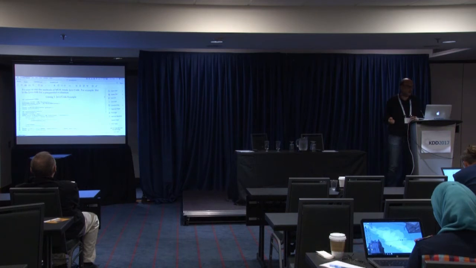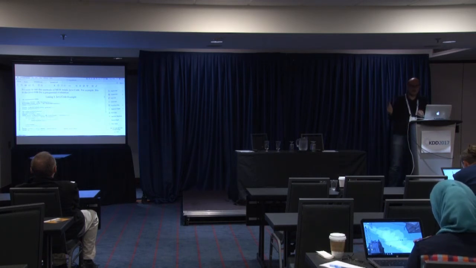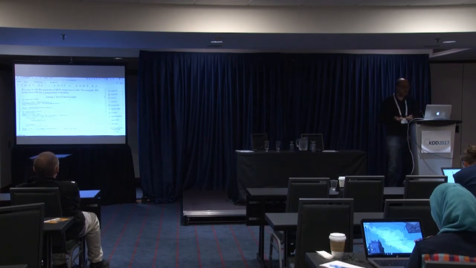Of course, in MOA there are other objects such as evaluators, but in this case we are going to keep it very simple. So let's see how we can use a classifier and a stream, and how we can use this classifier first to update the model and then to do predictions.